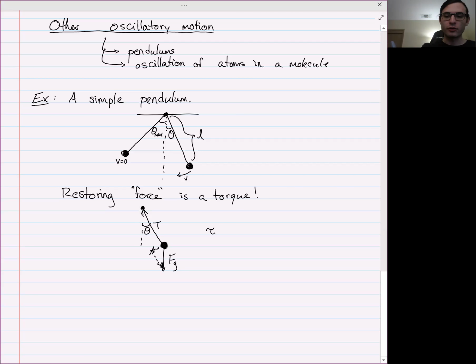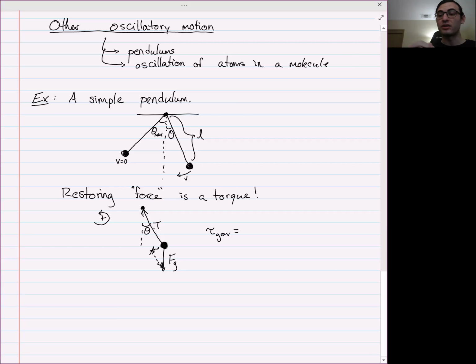The torque from the force of gravity is, oh, sorry, we need to choose a coordinate system. We need to choose which direction is positive and which is negative, just like we did for the harmonic oscillator, the spring, where we chose that right was positive and left was negative. Here, we're going to choose counterclockwise as positive.